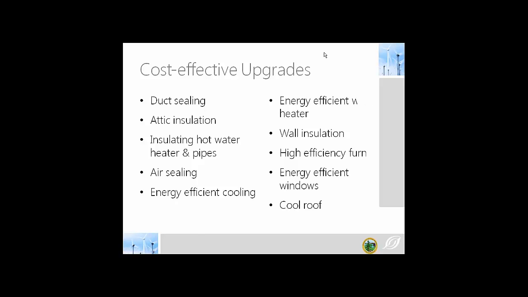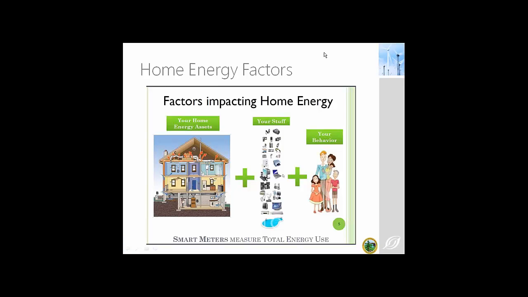Okay, so we can go to the next slide. Home energy factors. There's really three main factors that affect your energy consumption in your home or building. Your home itself, how it's constructed; your energy assets, so that's heaters, air conditioning, appliances, insulation, windows; and then you have your stuff.